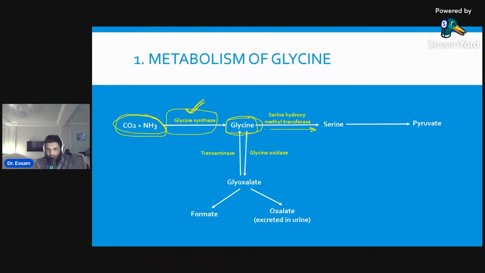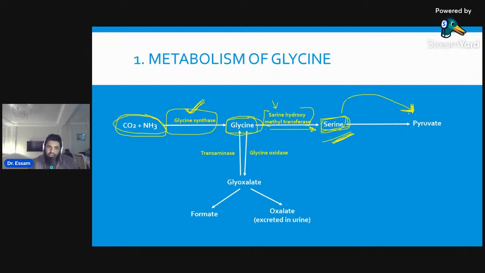We told you in the previous slide, glycine forms serine, correct? So, which enzyme is required for this? Serine hydroxymethyl transferase is required for this reaction, and we will get the amino acid serine. Finally, serine will convert to pyruvate. This also you have to remember.